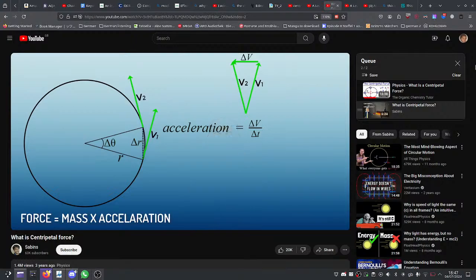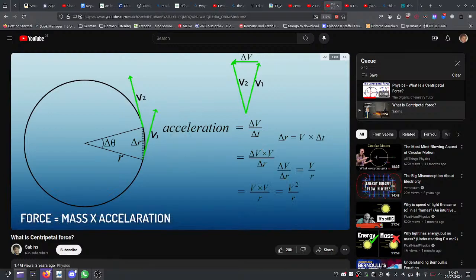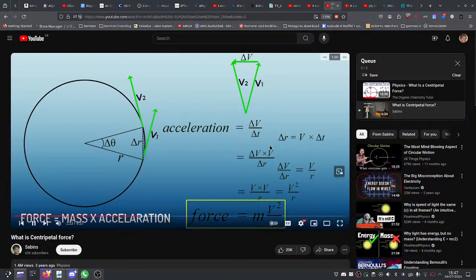The conceptual understanding we already developed will really help you in science and engineering. Once again, it is clear from this equation that the lesser the radius of the circle, the more centripetal force will be needed.